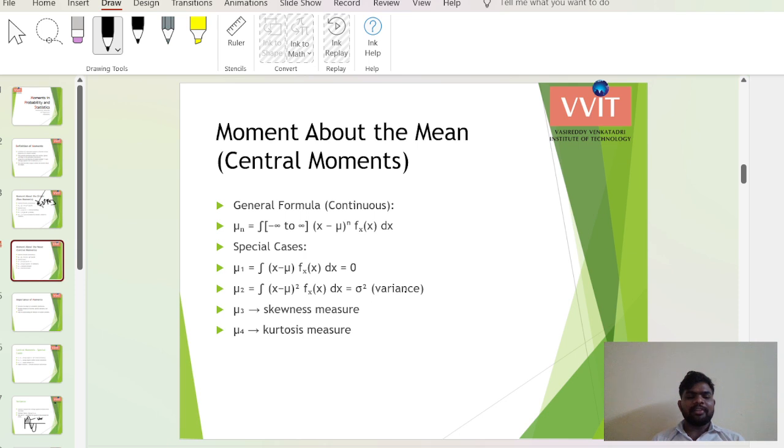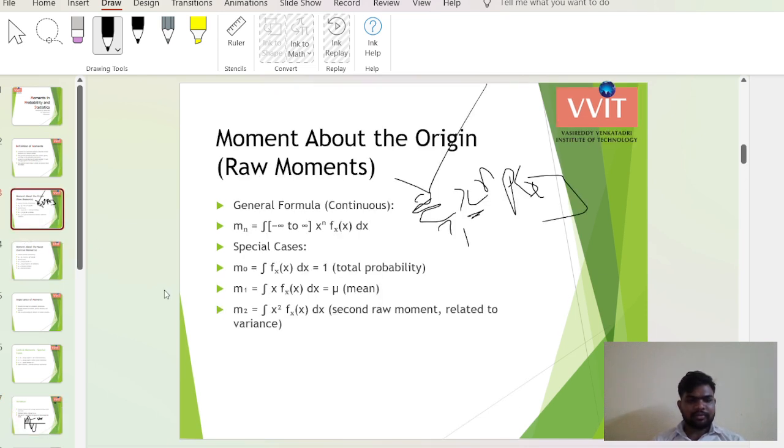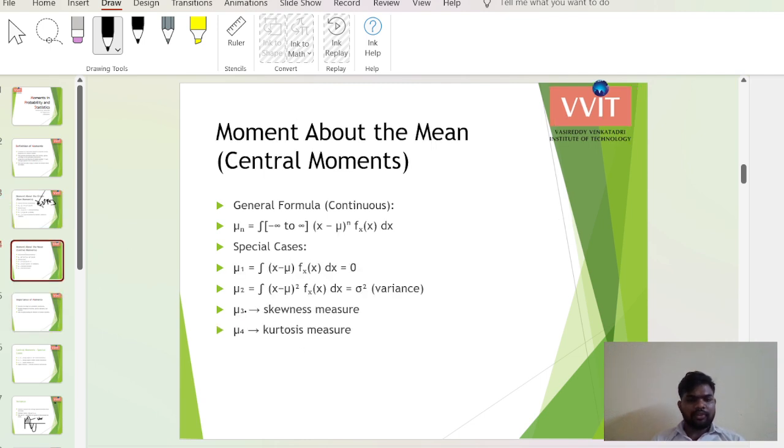Variance is the second central moment. I can show you the image. This is the first central moment. This is the second central moment, which is called the variance. mu3 is equal to skewness. This is the third central moment. The fourth central moment is called the kurtosis measure.